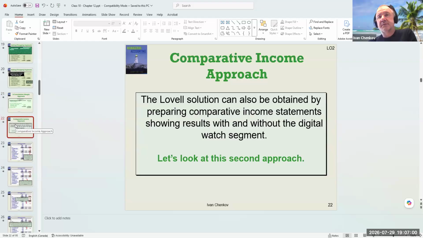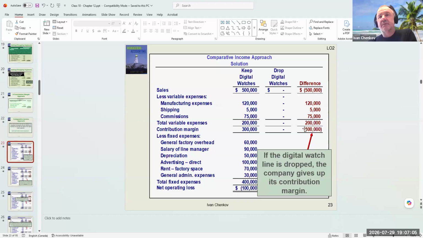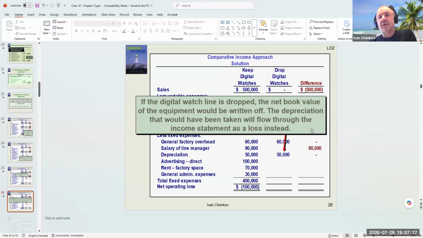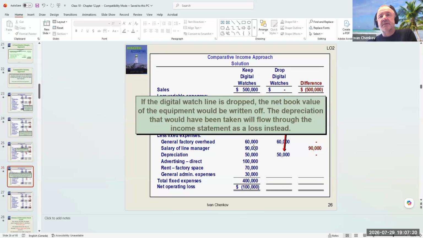Now, how can we see the whole situation? When we prepare the entire income statement. The difference is that if we drop the watches, all those things go. So the contribution margin goes down by $300,000. On the expenses, factory overhead we cannot lose. It's going to stay with us. The equipment depreciation is not going to be affected, since we cannot use the equipment for anything else and cannot sell it.